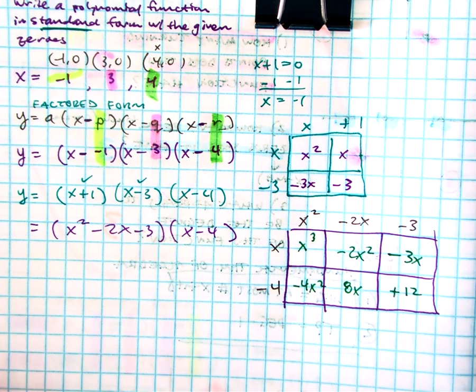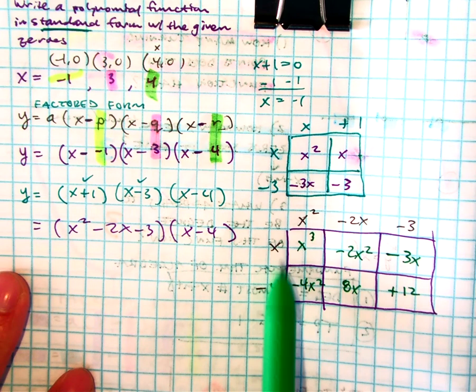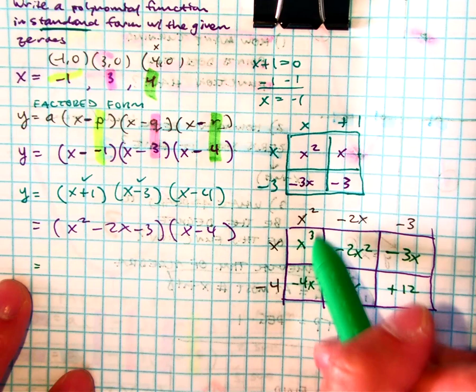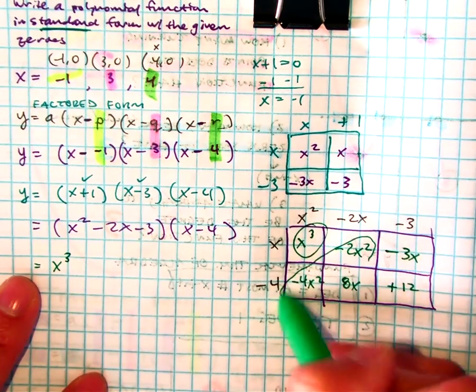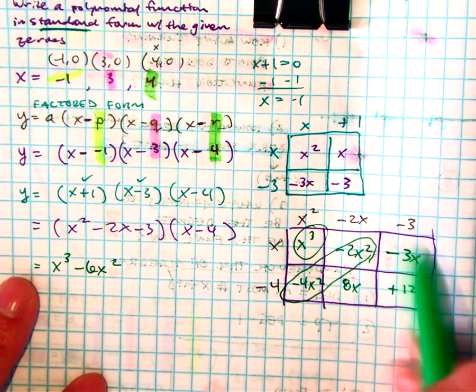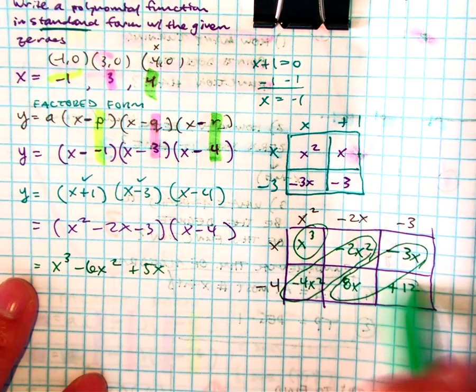Here's one advantage of the box method. If you don't have any missing terms, you'll notice that the like terms are diagonals. So I have x cubed. Now we're adding, so that's minus 6x squared plus 5x plus 12.